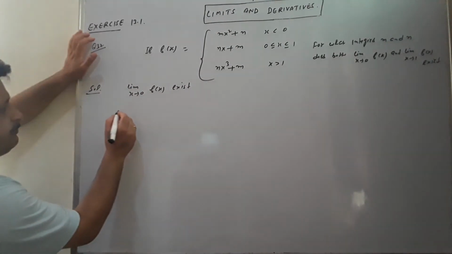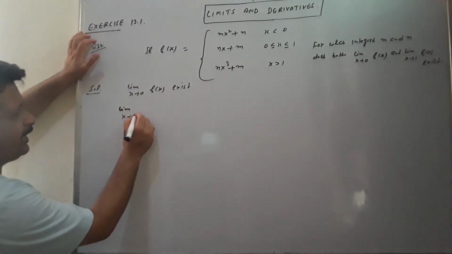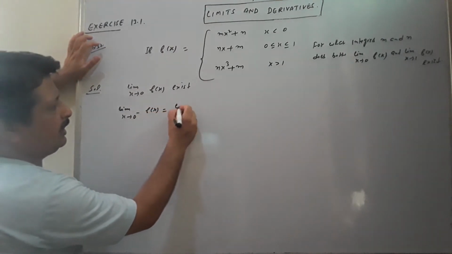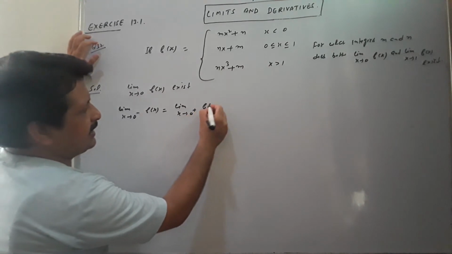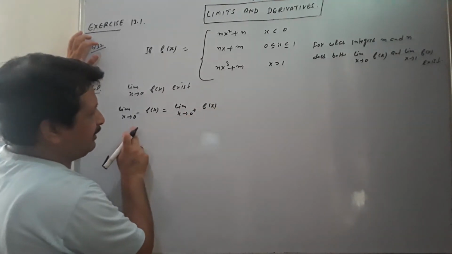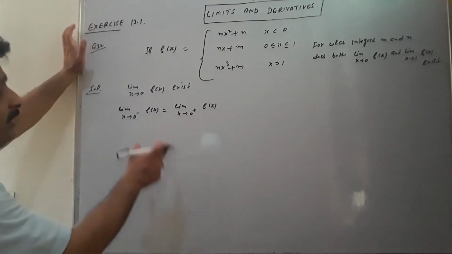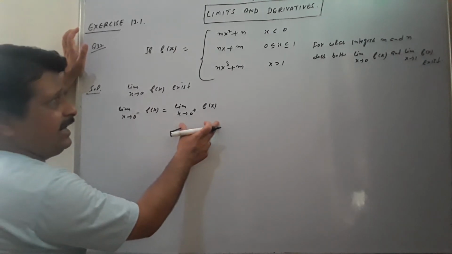But its meaning is that the limit as x tends to 0 negative, that is the left hand limit of this function, will be equal to the limit as x tends to 0 plus of f of x. Means left hand limit will come as equal to right hand limit students. Clearly I have indicated here, this is the left hand limit, this is the right hand limit.